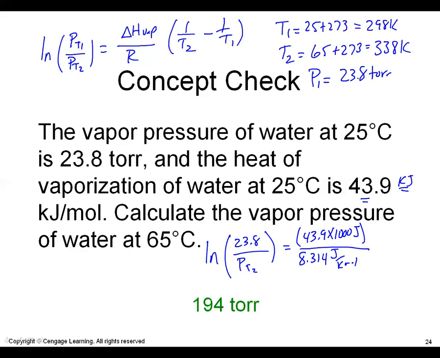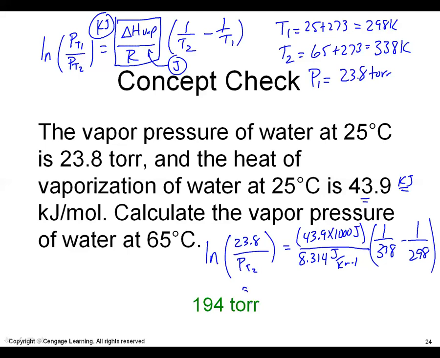You can convert the kilojoules into joules or the joules into kilojoules, but you do usually need to do a conversion between these two numbers, because the top is usually in kilojoules and the bottom is in joules. So you want to watch out for that. Then 1 over T2, which is 338, minus 1 over our T1, which is 298. I'm hoping that's the number you get there.